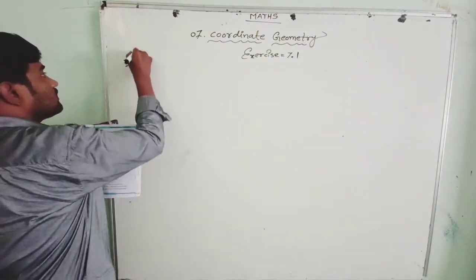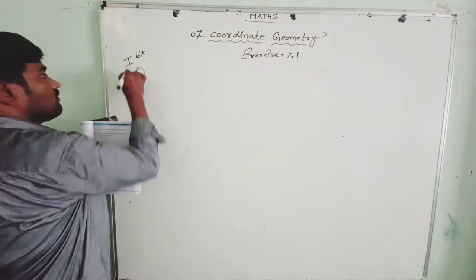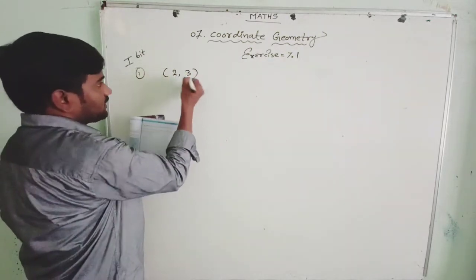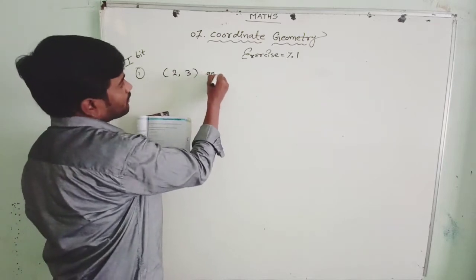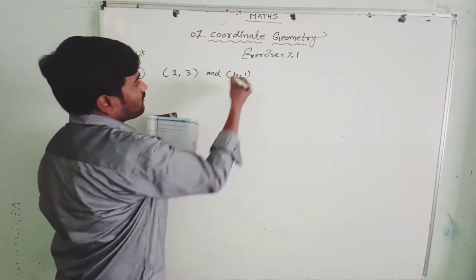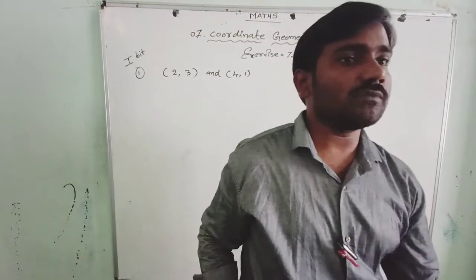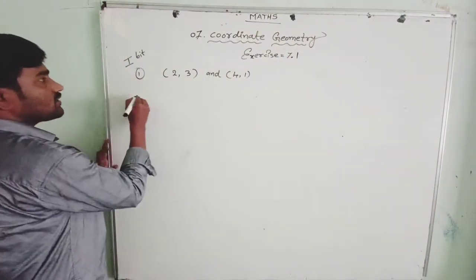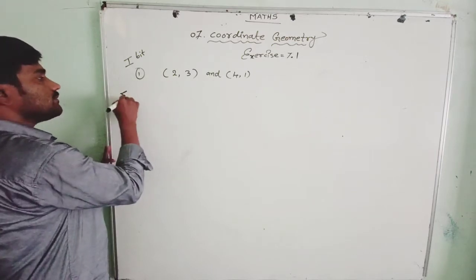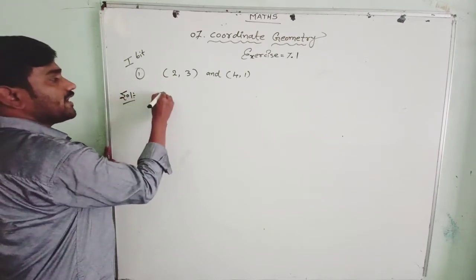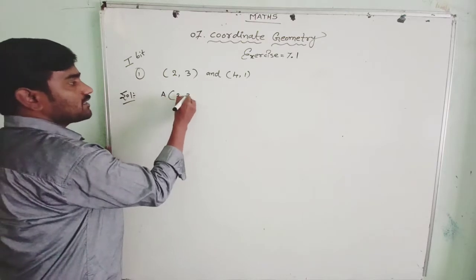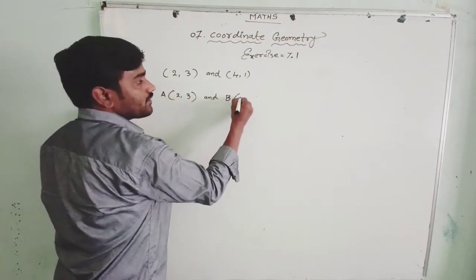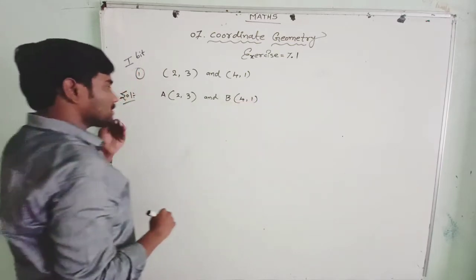Okay, first bit, first one. That is (2, 3) and (4, 1). We have to find out the distance between these 2 points. Let us assume here it is a point A (2, 3) and it is a point B (4, 1).